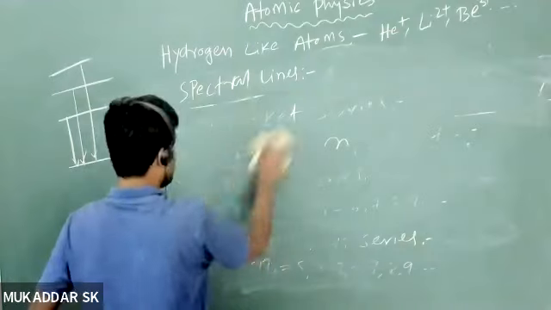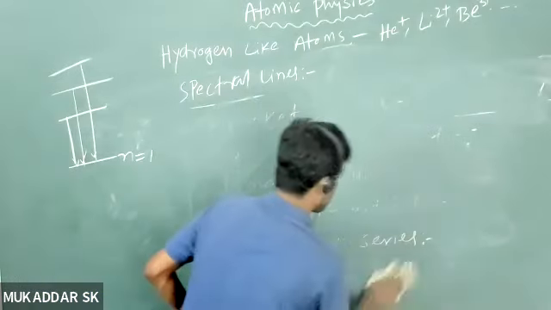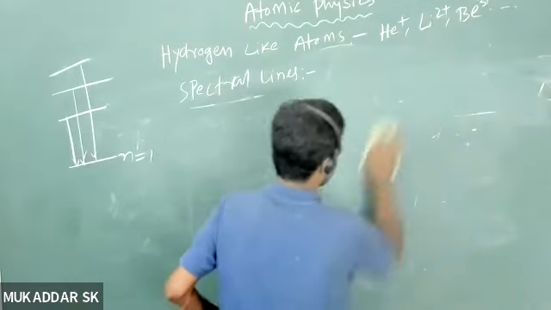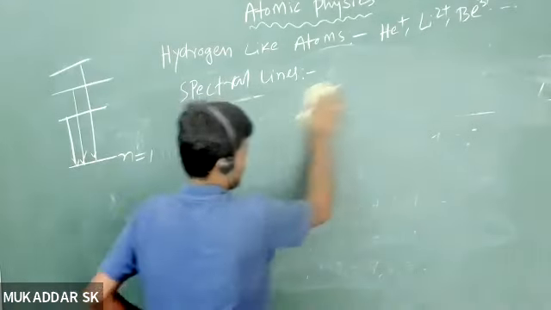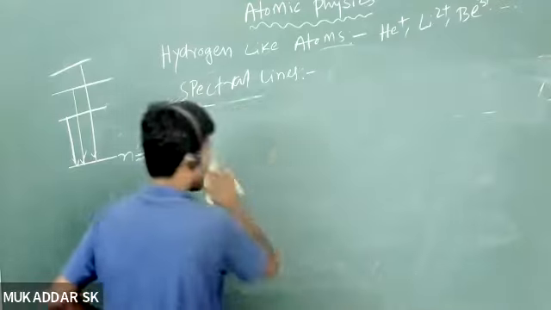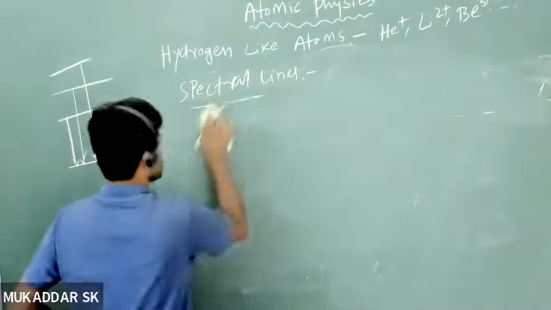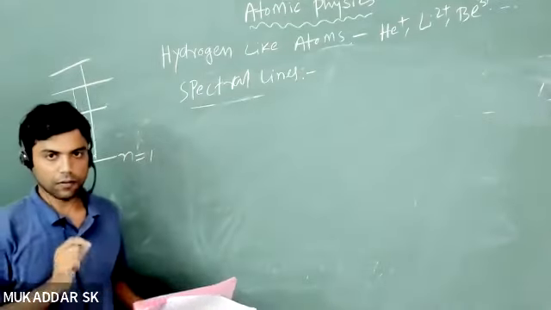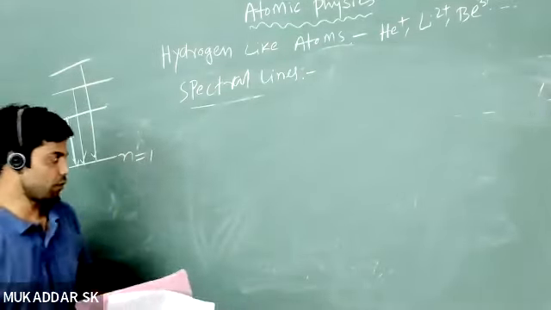Okay, now we'll see the spectral line of hydrogen atom particularly, because this is very important from an experimental perspective. So we'll see the spectral line for hydrogen atom. So please keep that heading. We'll learn details about the spectral line of hydrogen atom.